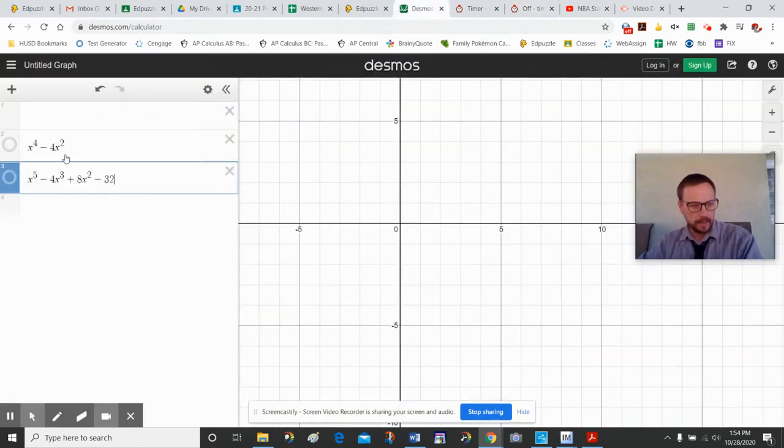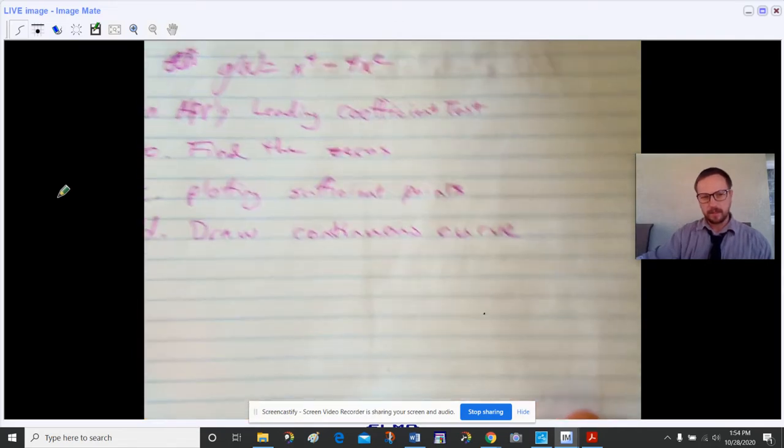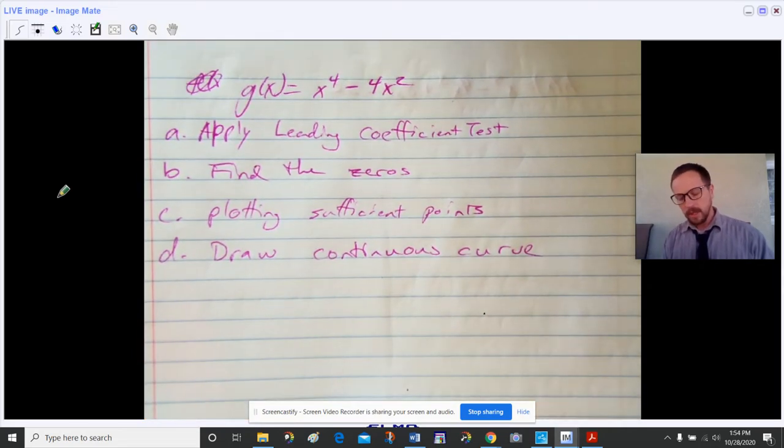We're going to be taking a look at these two functions here, and then we'll take a look at what those graphs will be, going through the process that we want to do. We're going to keep this pretty quick and simple, hit the highlights, and then worry about everything else later. So here it's the KISS method: keep it simple, silly.